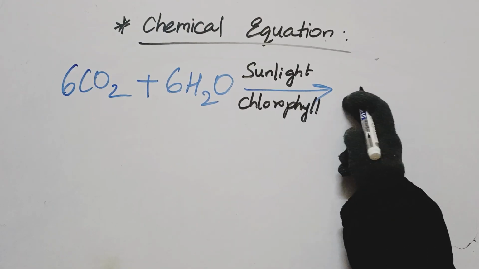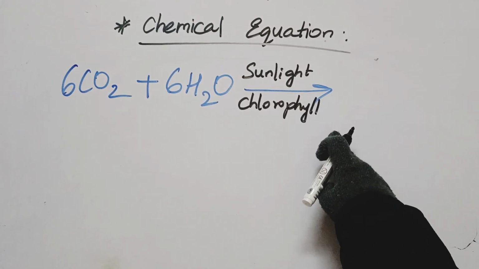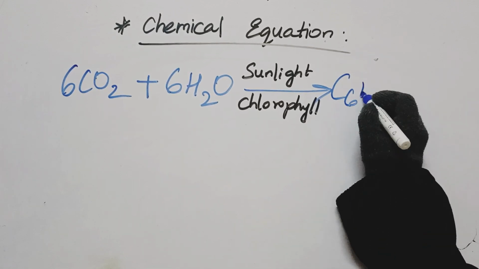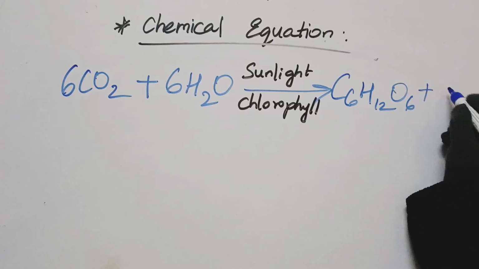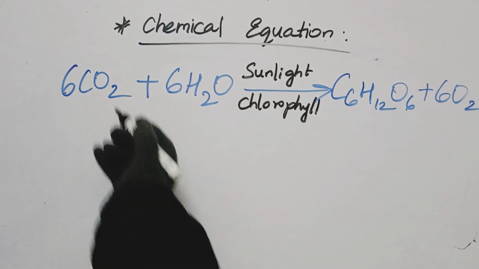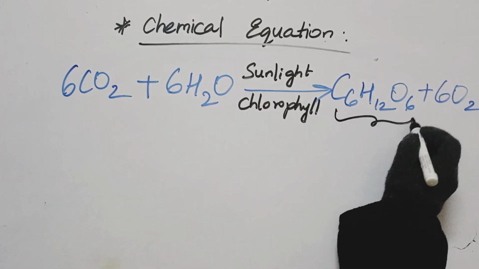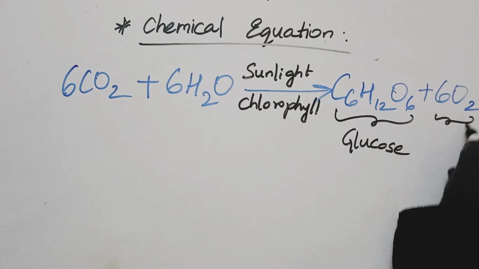Whatever is written above and below the arrow indicates in the presence of. In the presence of sunlight and chlorophyll, it gives rise to C6H12O6 plus 6O2. Here, this is carbon dioxide, it is water, this C6H12O6 is nothing but glucose, and this is our oxygen.